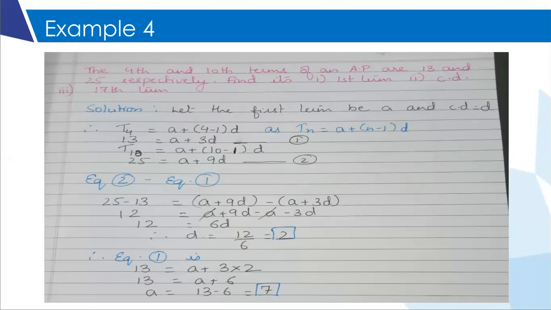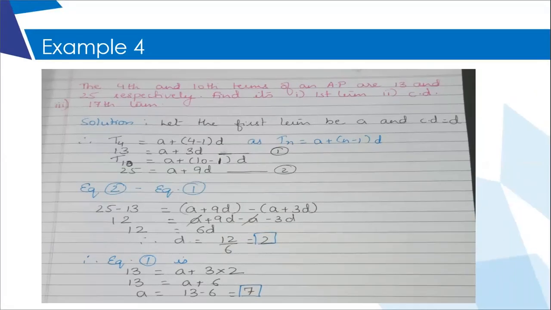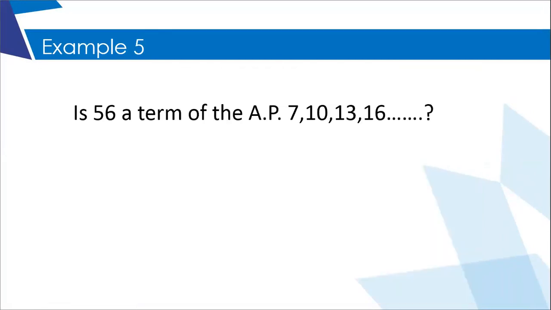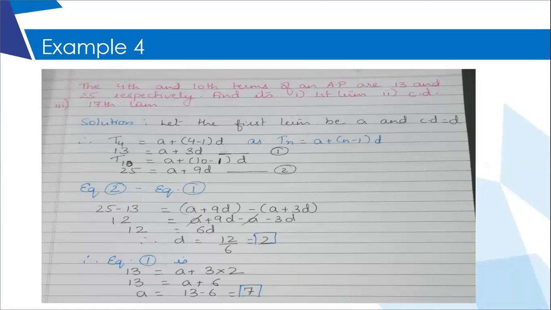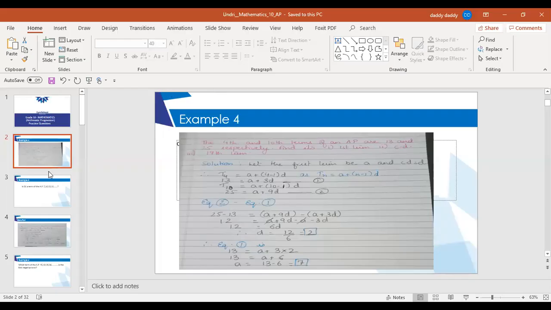Okay, let's see. We have a is equal to 7 and d is equal to 2. So I will just do it.